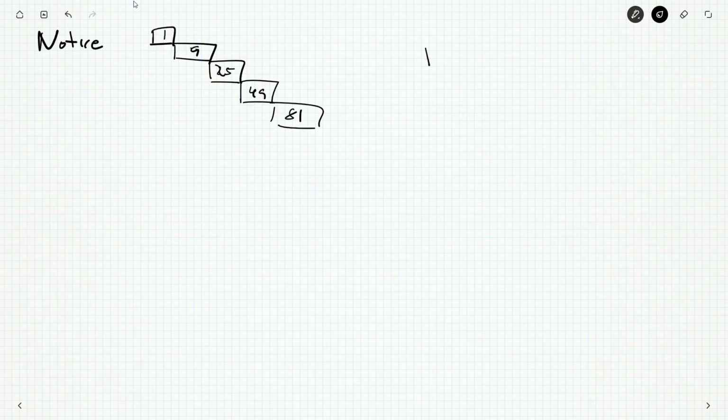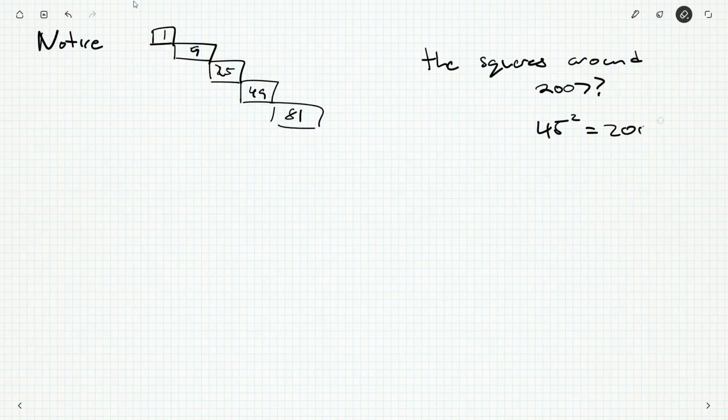So what are the squares around 2007? Okay, that's something we should know. Well, the nearest square to 2007 is 45 squared, and you can figure that out by playing around on your calculator. The easiest thing to do is take the square root of 2007 on your calculator, and you'll get 44 point something or other. So test 44, see how close that is. That's 1936. And test the next one, which is 45, you'll get 2025. That's not that far away.